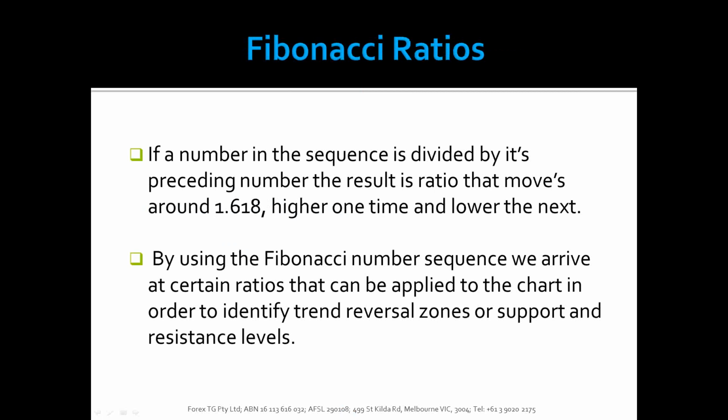Now, Fibonacci ratios. If a number in the sequence is divided by its preceding number, the result is a ratio that moves around 1.618, higher one time and lower the next. By using the Fibonacci number sequence, we arrive at certain ratios that can be applied to the chart in order to identify trend, reversal zones, or support and resistance levels.